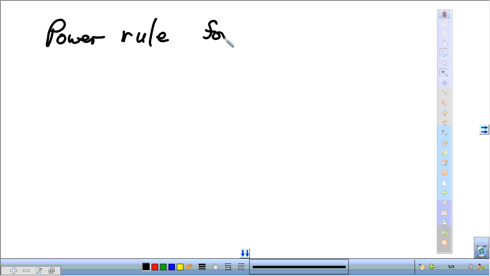So, before we continue with those, let's get a rule which gives us some of the pieces of expressions. Looking at power expressions, something called a power rule for the derivatives.